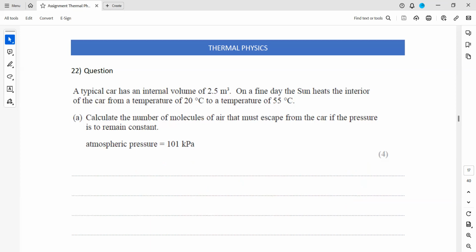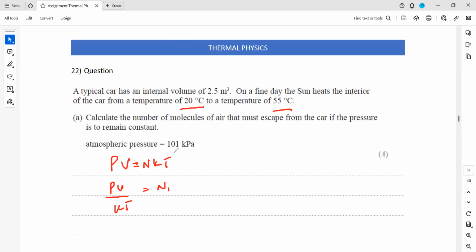So we want to determine how many particles should escape to keep the pressure constant. So we will have the formula PV equals NkT. First we'll determine the number of particles at 20, and then we'll determine the number of particles at 55. And then we take a difference to know how many particles should escape. So PV over kT equals N1. The internal volume is given.